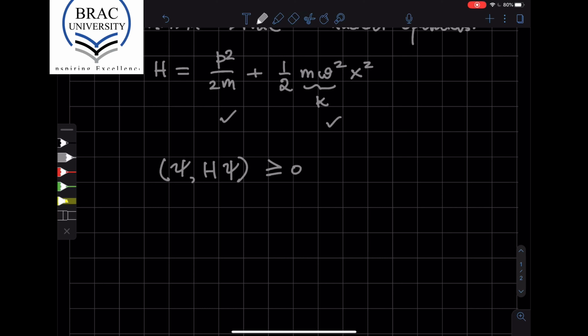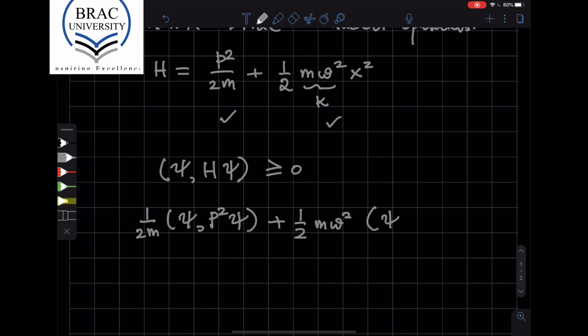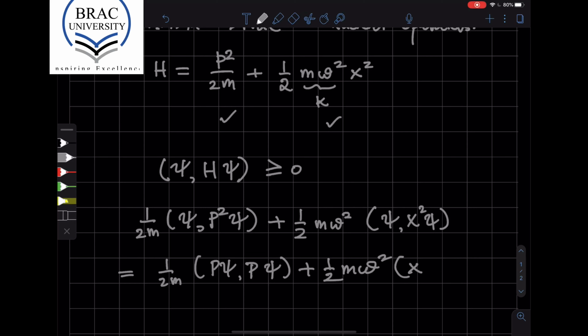Of course, this is very easy to prove because the first term is just 1 over 2m, which is a positive constant, times the expectation of p squared in psi, and the second term is half m omega squared, which is also a positive constant, times the expectation of x squared in psi. But we can write this as the inner product of p psi with itself, since p is a Hermitian operator, and likewise x psi with itself.